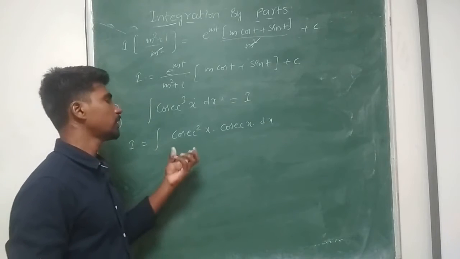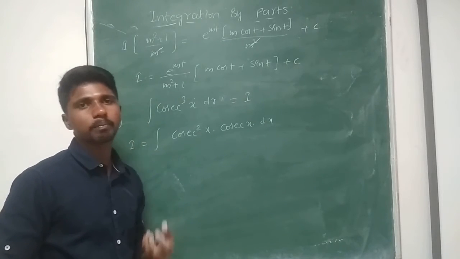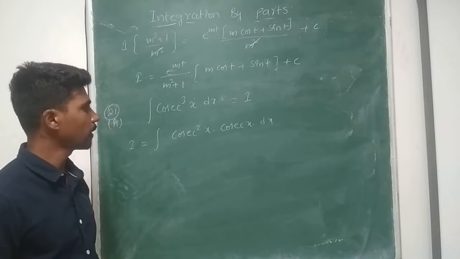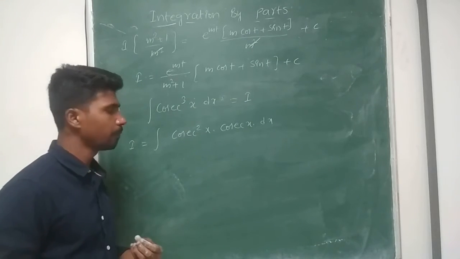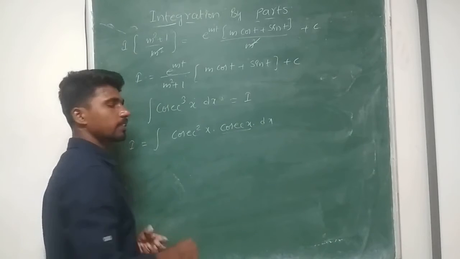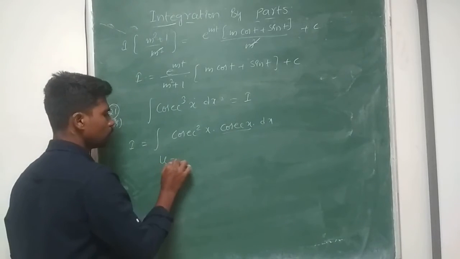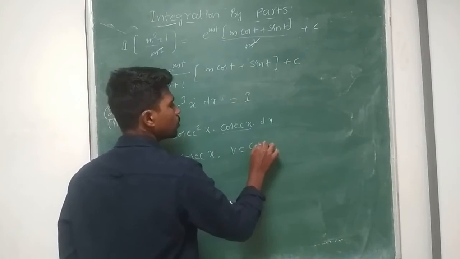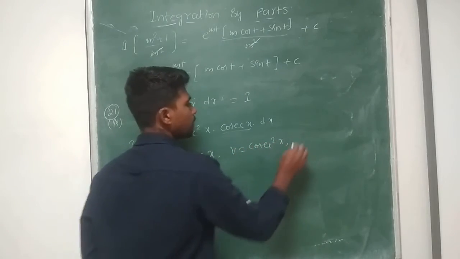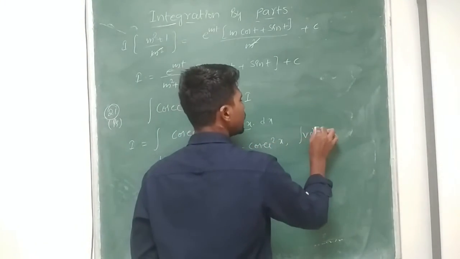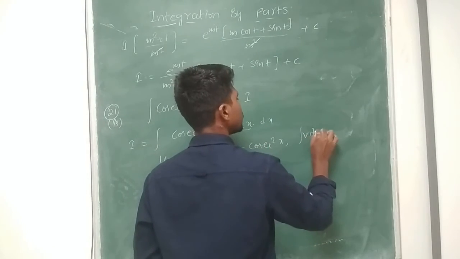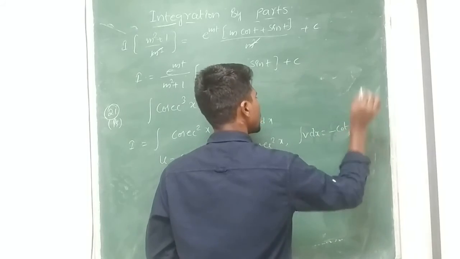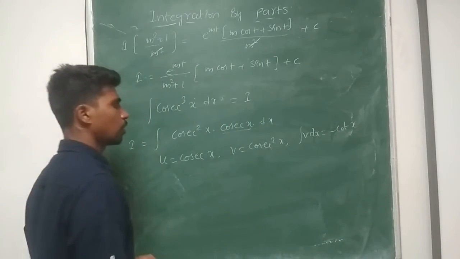But if I use cosecant square x, which is nothing but minus cot x, the second one is preferable. For that reason, I am taking cosecant x as u and cosecant square x as v, then integral v dx is nothing but minus cot x.